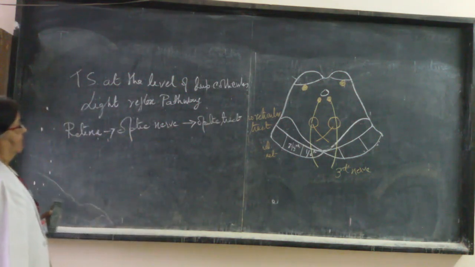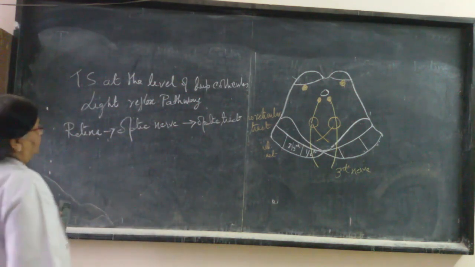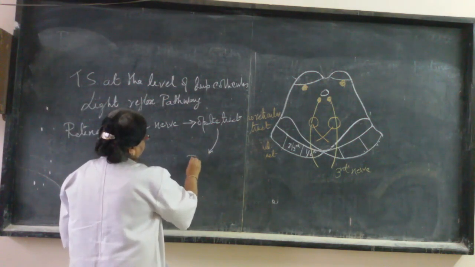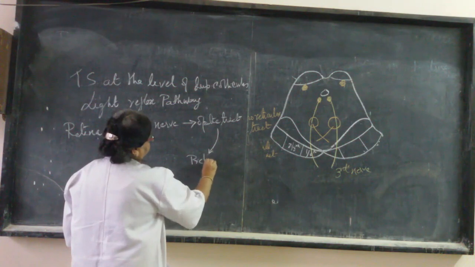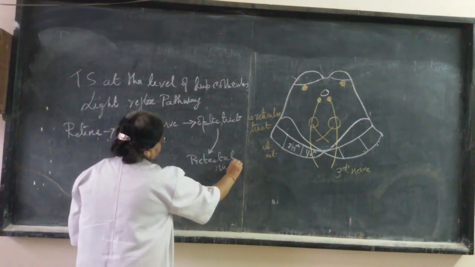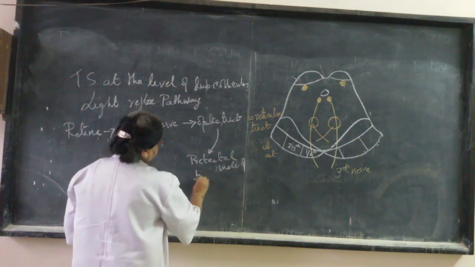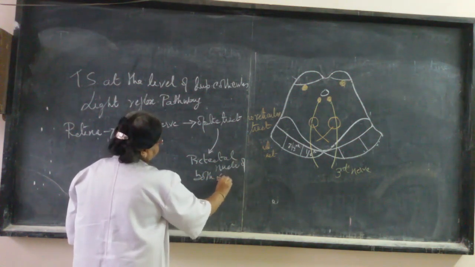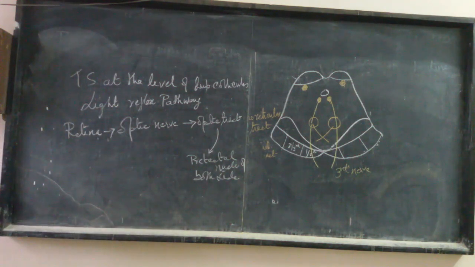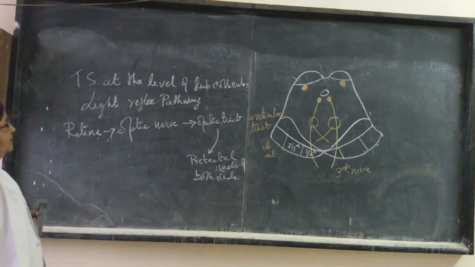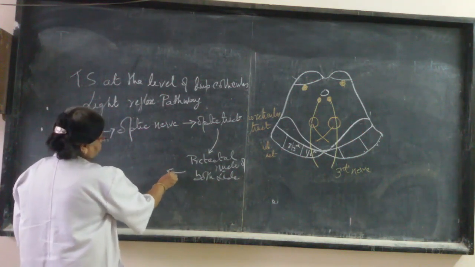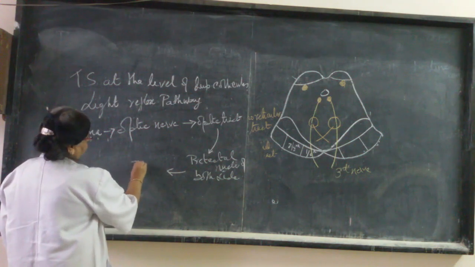From the optic tract, the fibers pass to the pretectal nuclei of both sides. And from the pretectal nuclei of both sides, the fibers go to the third nerve nuclei of both sides.